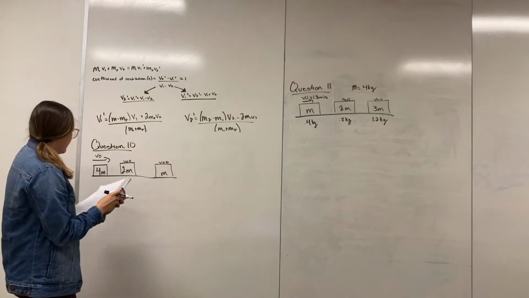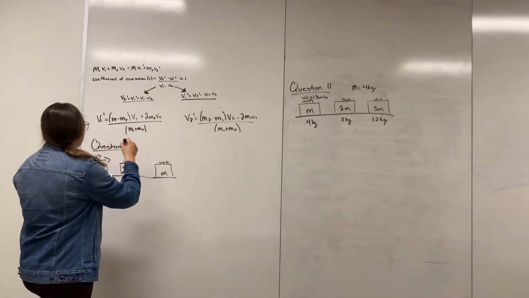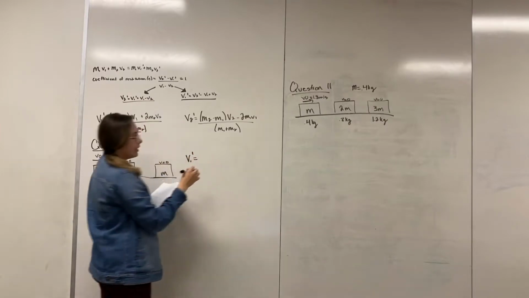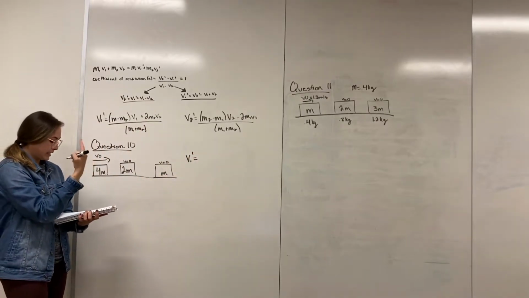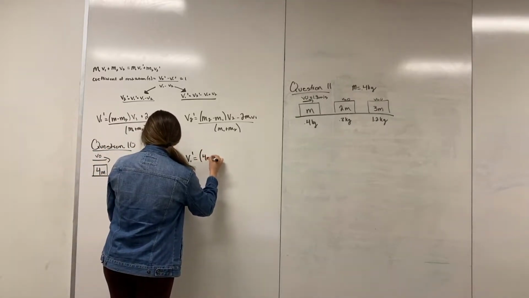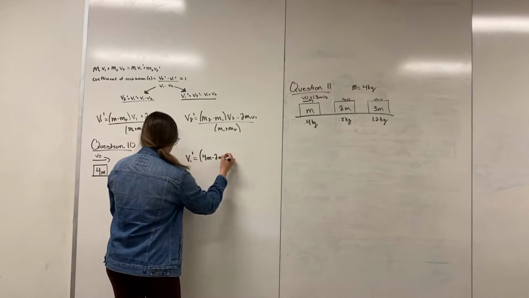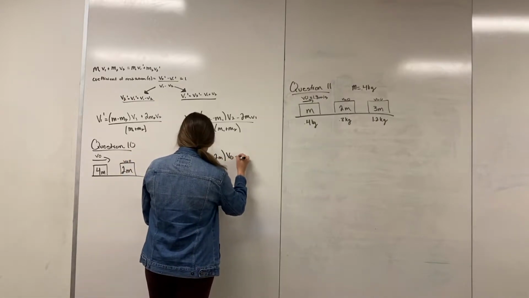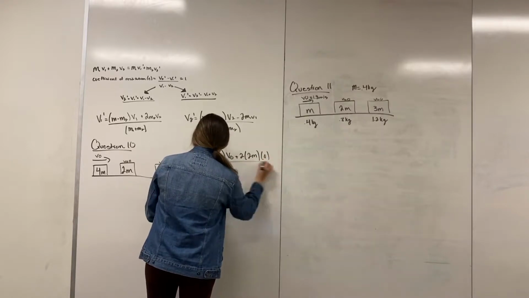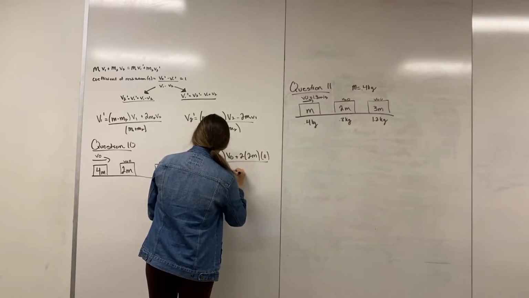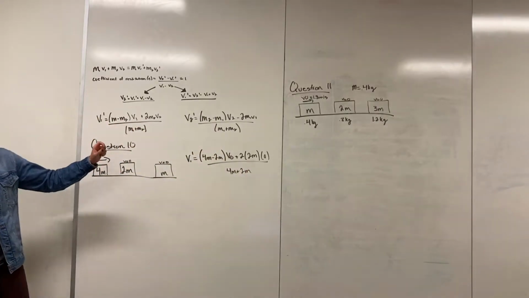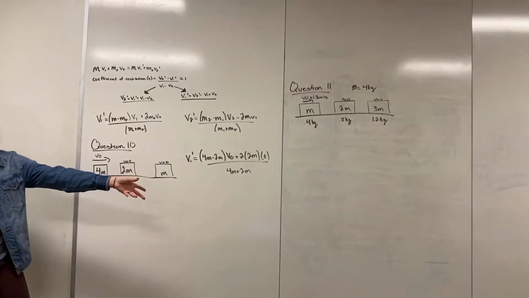So we're going to start by using our v1 prime formula. And we're just going to go ahead and input the different masses that they gave us. Take into consideration that for the second cart, V0 equals 0.